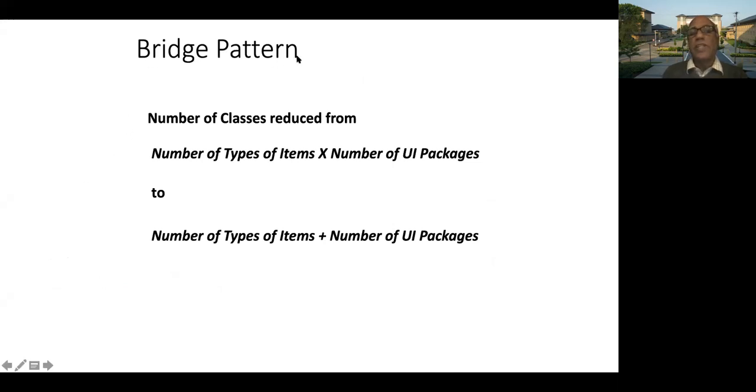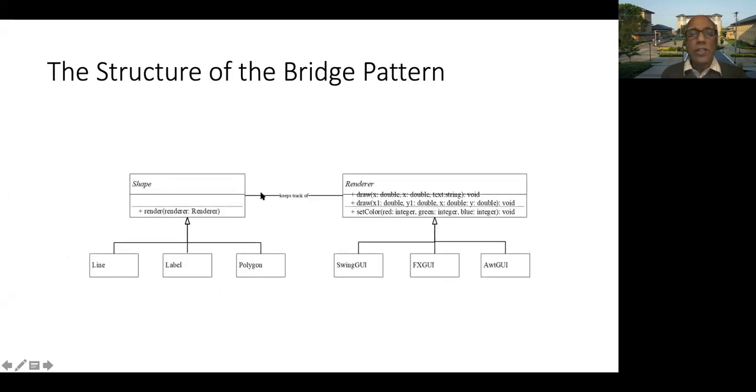So we use a design pattern called bridge. The idea is not all that hard. We have a hierarchy here with a root class called shape. Line is a shape, label is a shape, polygon is a shape. If you add circle, that will be another subclass of shape. Okay, so we have a hierarchy of shapes.